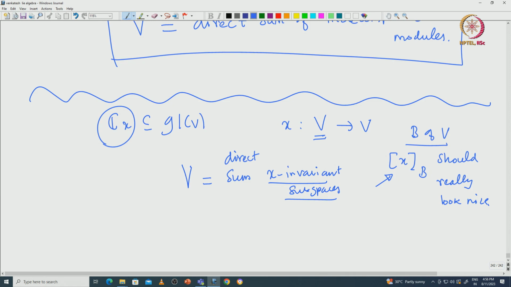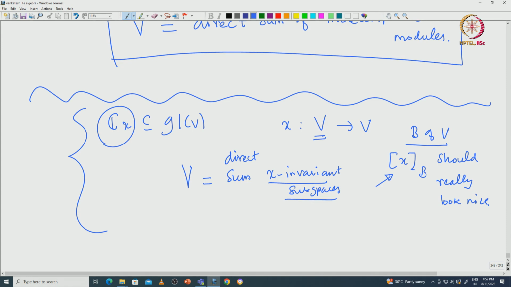To understand representation theory, one should first understand the representation theory of this one dimensional algebra, and then you can go to two dimensional and see what happens and so on. Basically, the representation theory of this one dimensional algebra over complex numbers is equivalent to finding the Jordan canonical form.